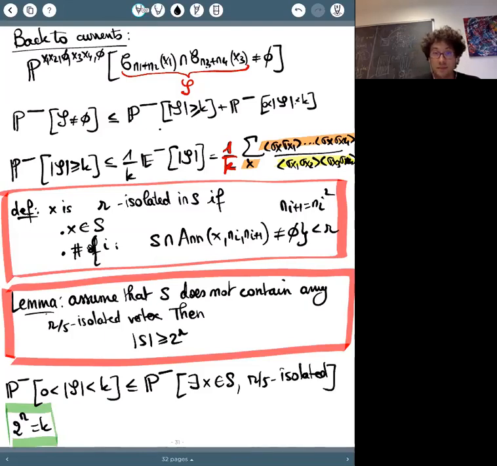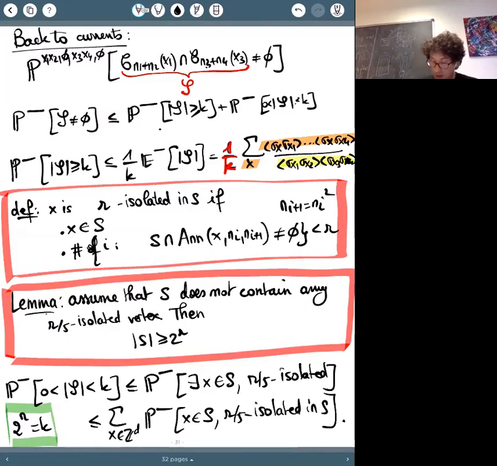Right? And this you can bound by the sum over X of the probability that X is in S and X is R over 5 isolated in S.